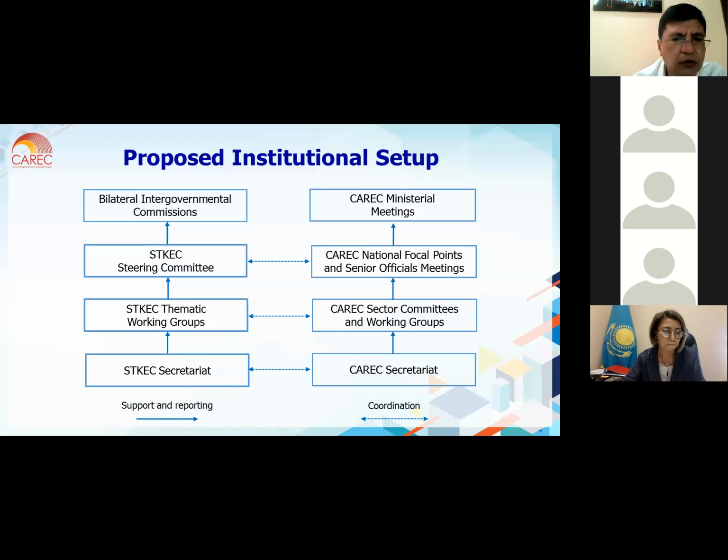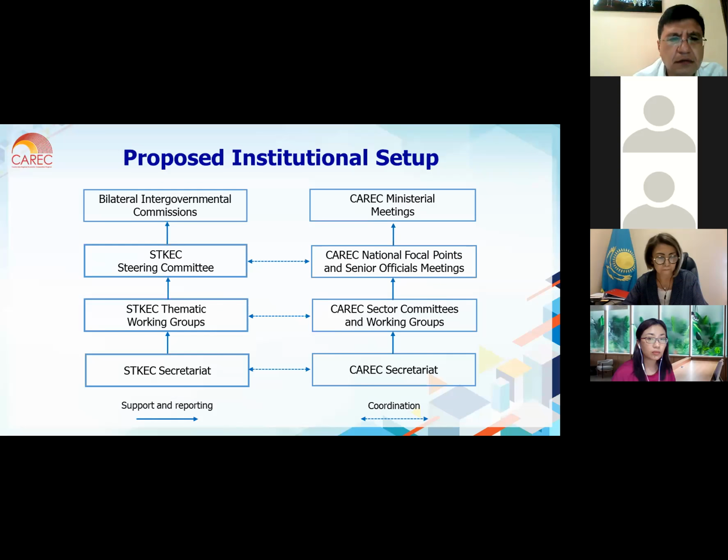So these 3 levels, or 3 bodies, include the steering committee, the thematic working groups, and the secretariat. An important aspect of this institutional setup is that these structures and entities responsible for the development of the corridor will be integrated in the existing bilateral mechanisms for cooperation between the countries.